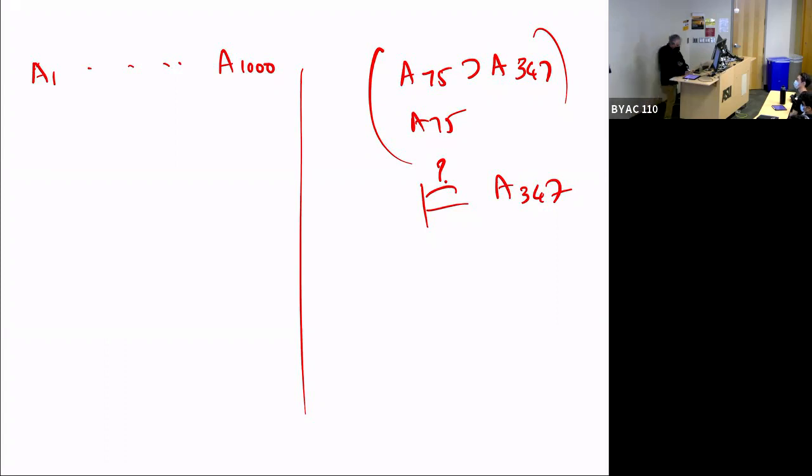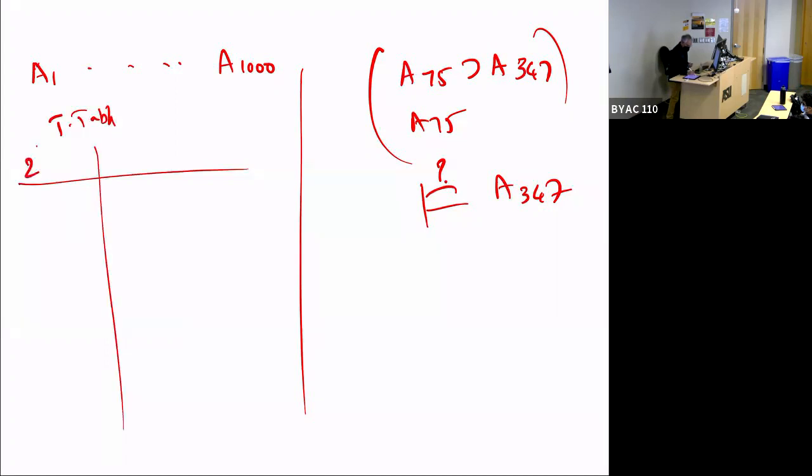If you did it in the truth table way, you write a 2 power 1000 table. Check all the rows where the knowledge base is true. Make sure that in all those rows, A347 is true.